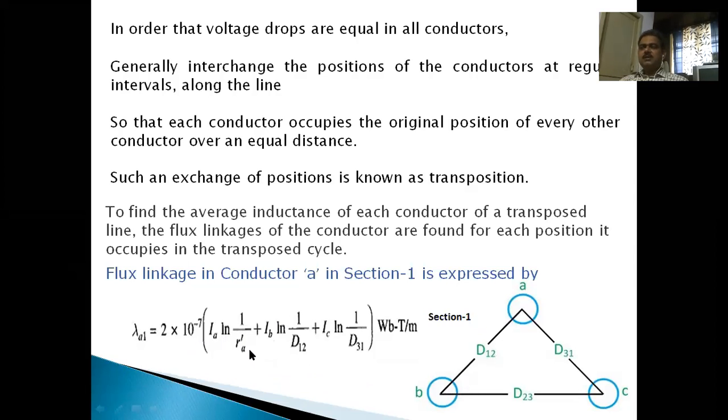RA dash means the geometric mean radius of conductor A. Previously, it was the same thing, 0.77 times the radius of the conductor, or in some textbooks it is defined as DAA, D11 or DAA. That is the RA dash value. Is this equation clear?